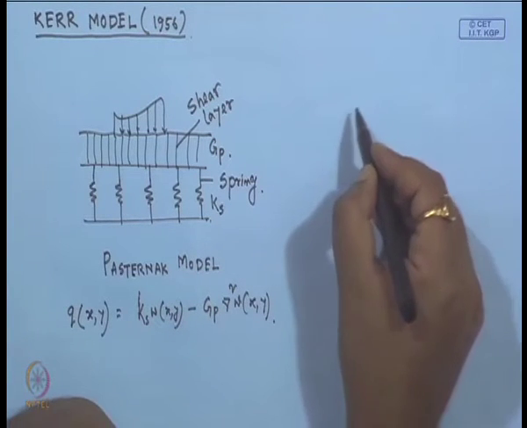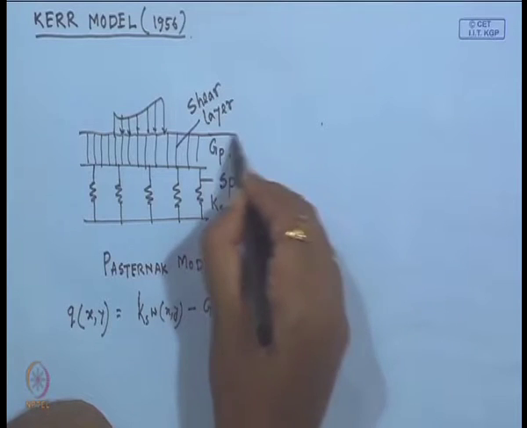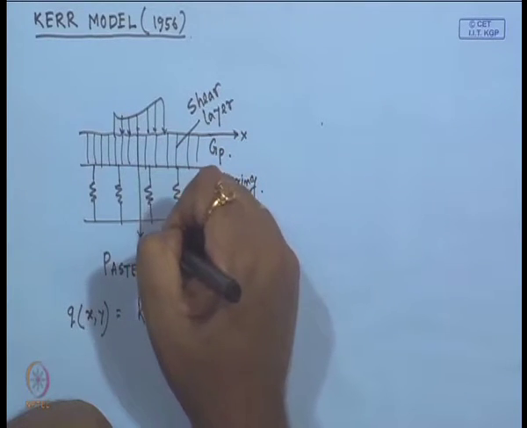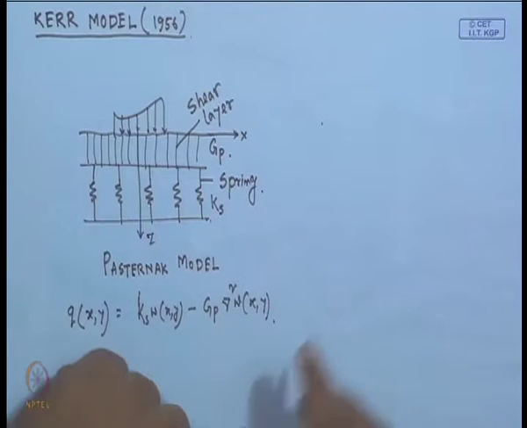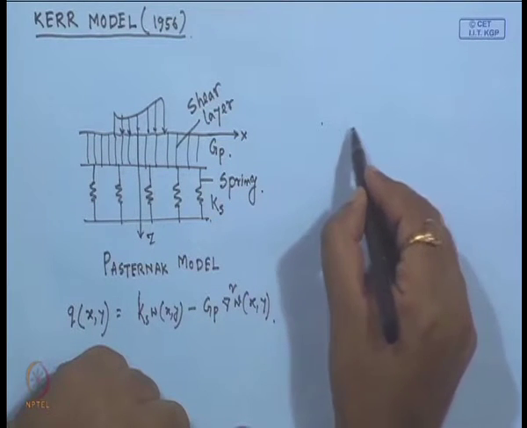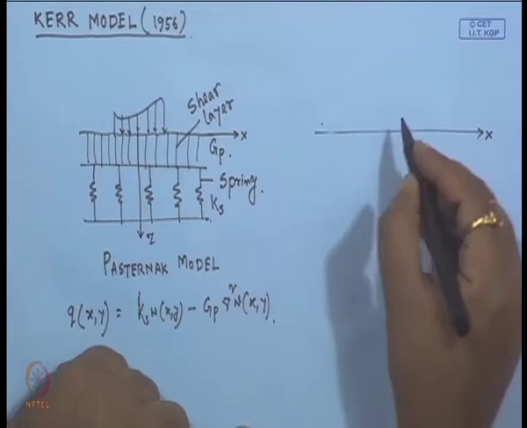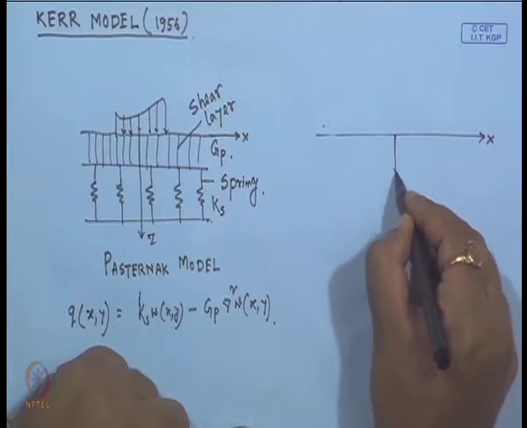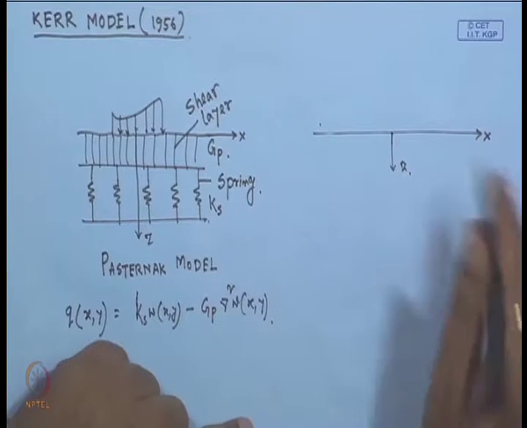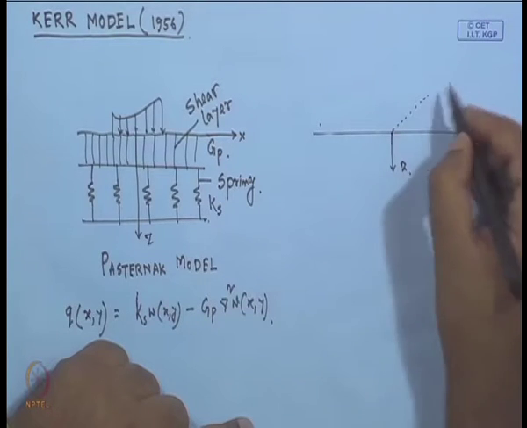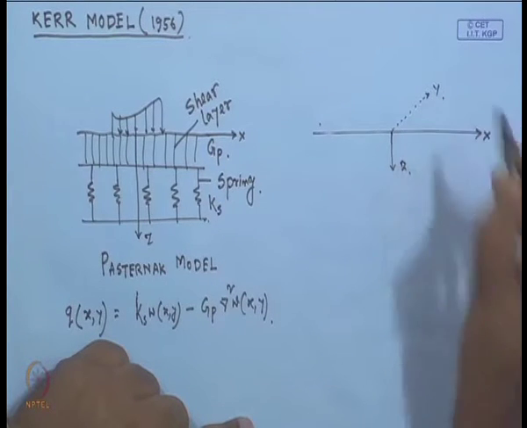In the Kerr model, suppose this is the x direction, and the normal downward direction is z, and in this direction it is y.